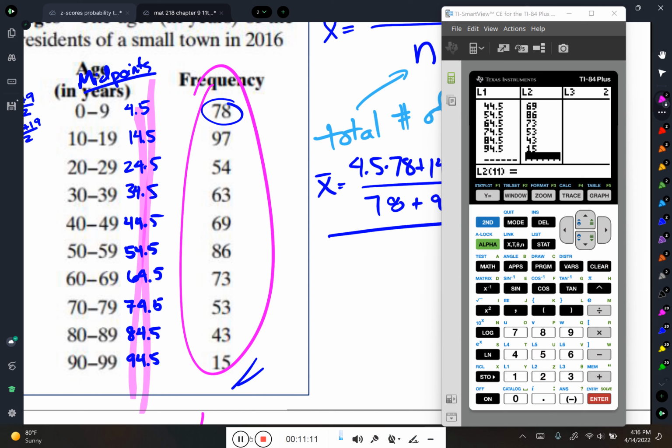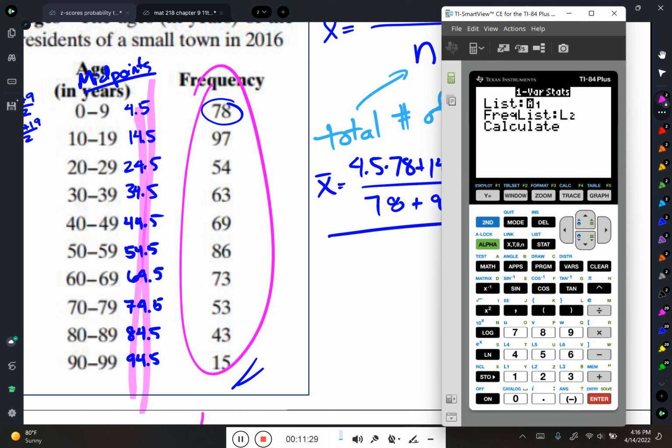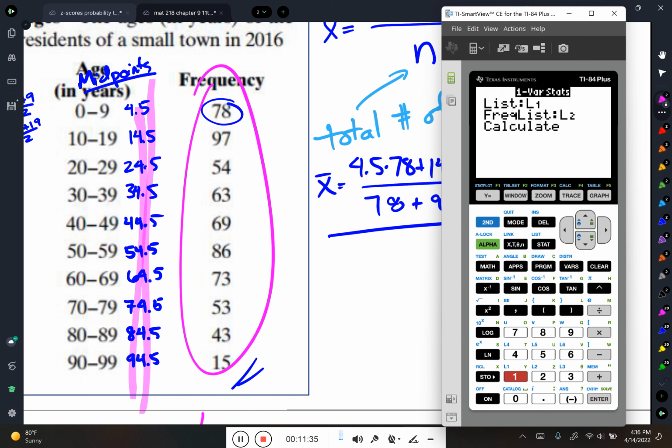Okay, so I'm back. It was probably seamless for you, but I went through and put all the data in, and I've checked it twice because there's a lot of data, and it's really easy to make a mistake. Now that I've got it all in, I went to stat, to calculate, to one variable stats. My data is in list 1.